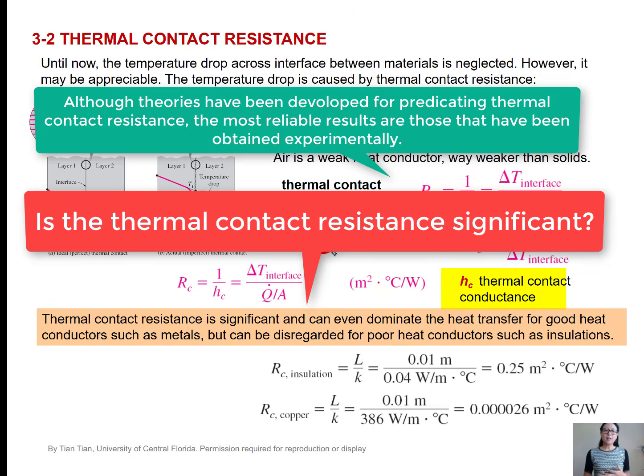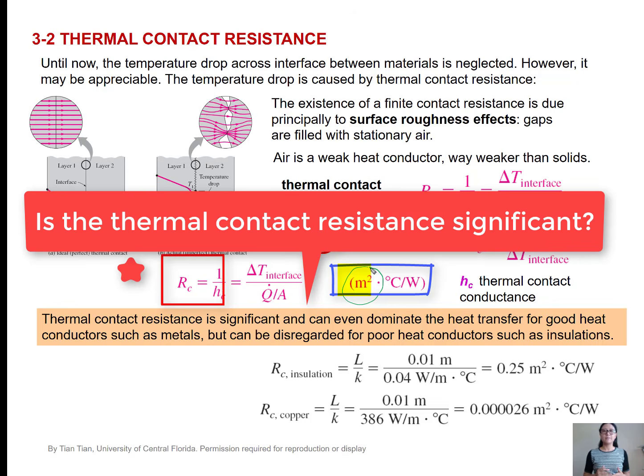Normally, thermal contact conductance is reported in the literature instead of thermal contact resistance. So thermal contact resistance is the inverse of thermal contact conductance. Pay attention to the unit of thermal contact resistance. So this is different from the unit of regular resistance by this, since thermal contact resistance is defined per unit interface area.